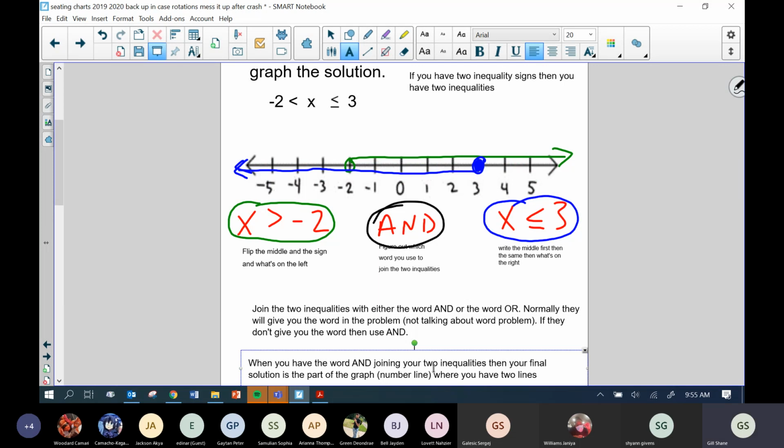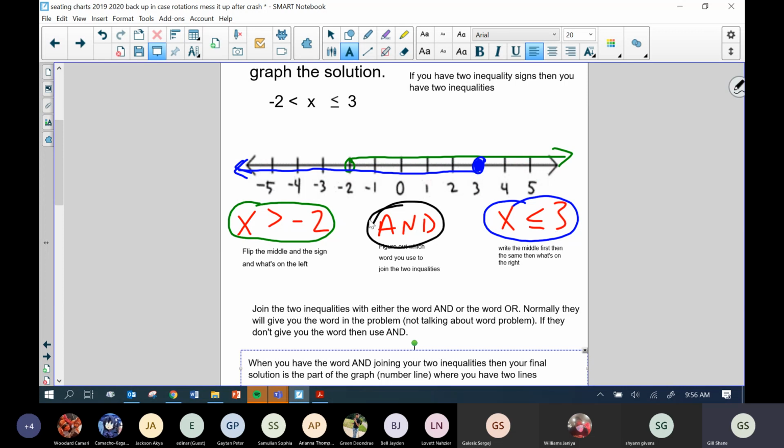Because if you have 2 of them, that's the section of the graph where you meet both rules. Because remember, these inequalities are really just rules that we have to follow. The rule is x has to be greater than -2. But the other rule that we have to follow, both of them, is x also has to be less than or equal to 3. All right?